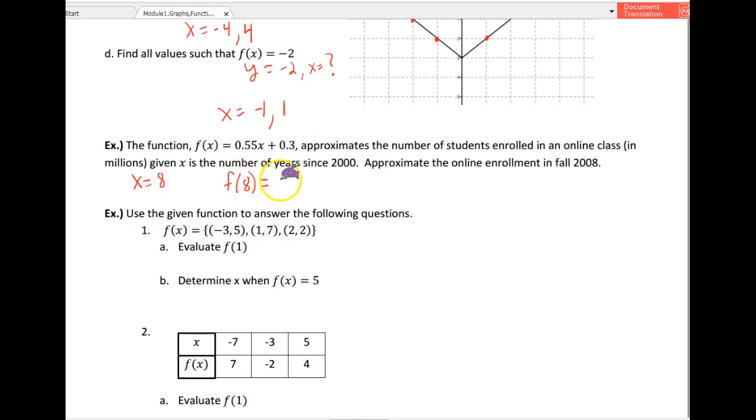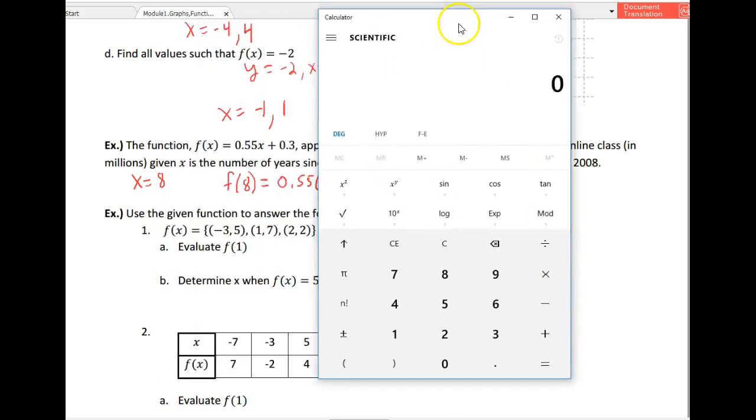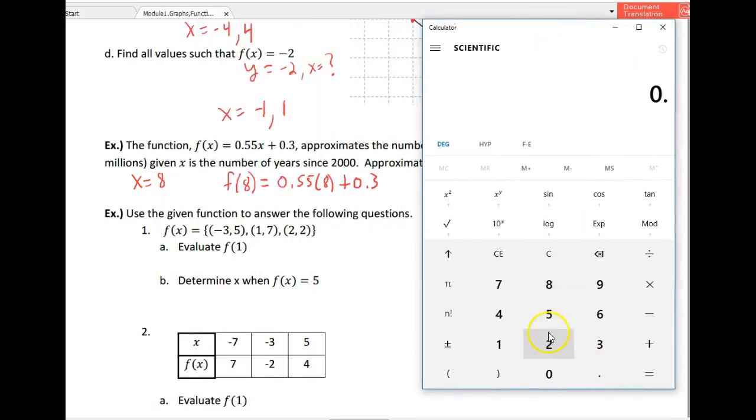So I'm plugging in 8 wherever I see an x. Okay, so first I'm going to multiply 55 hundredths times 8, and then add 3/10. I get 4.7.